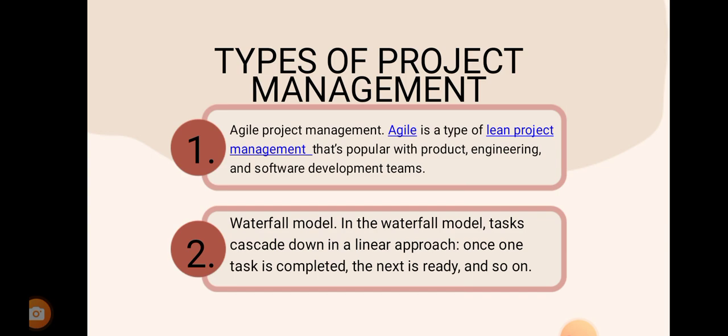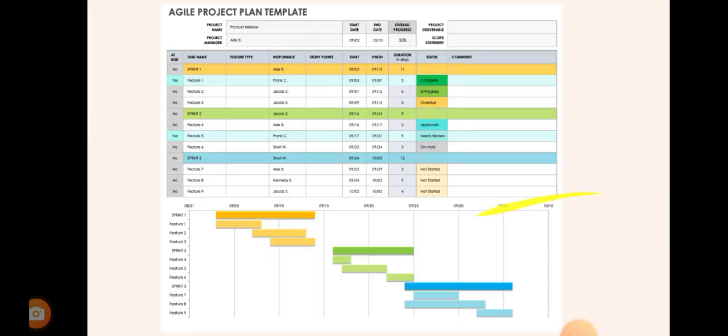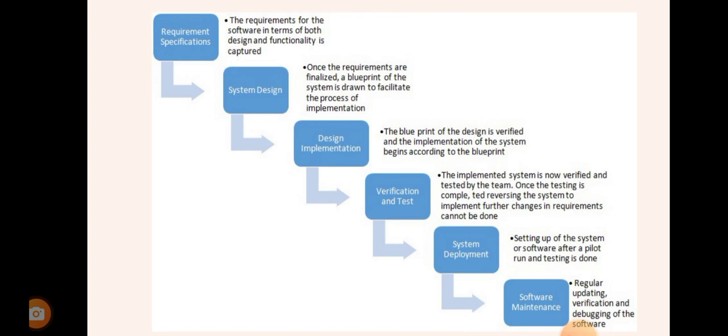Next type of project management is the waterfall model. In the waterfall model, tasks cascade down in a linear approach. Once one task is completed, the next is ready, and so on. An example of a waterfall project management template is this one: requirement specification, system design, design implementation, verification and test, system deployment, and software maintenance.